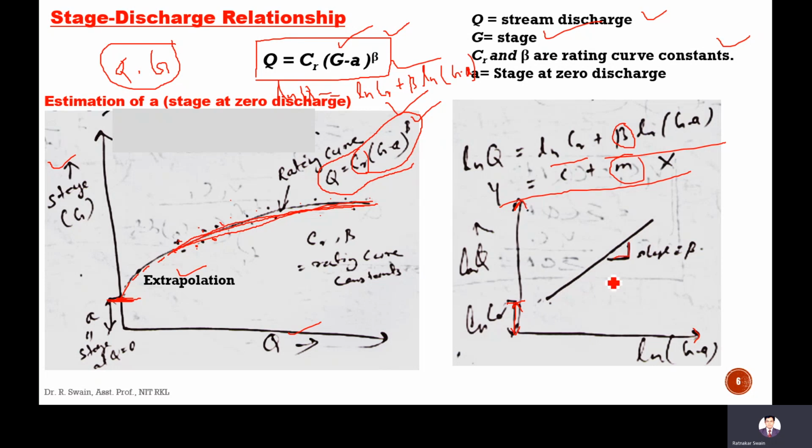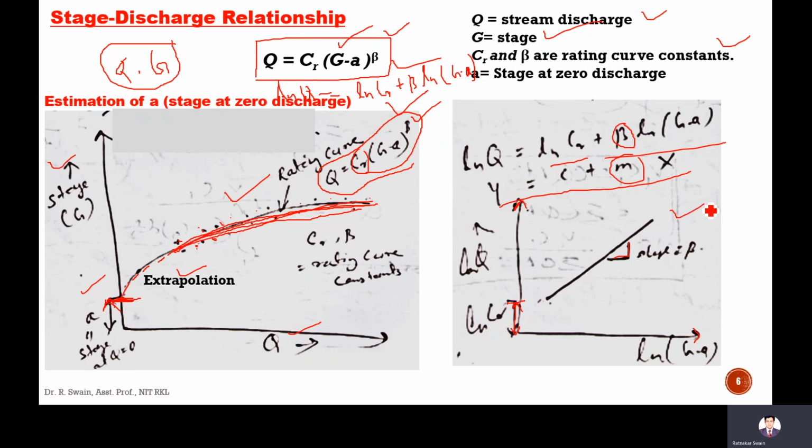Beta and C_R are both known, so the discharge will be C_R into (G minus A) to the power beta. A you can get from here. Actually, plotting of the equation is not required; you have to plot only to calculate the A value.